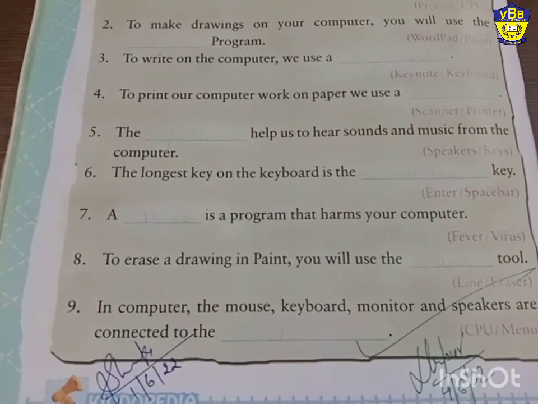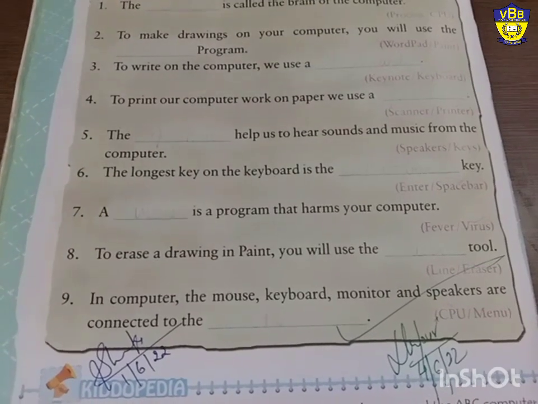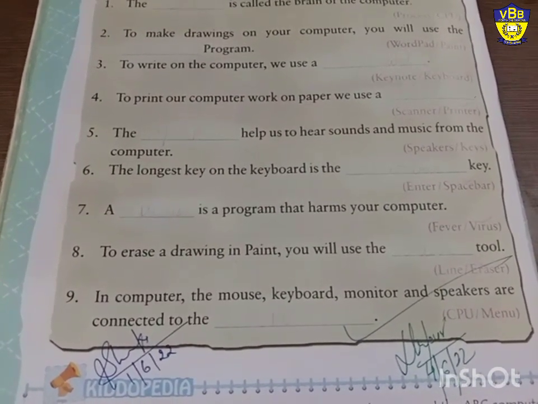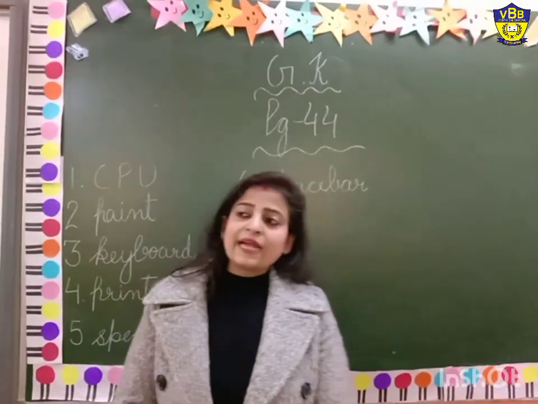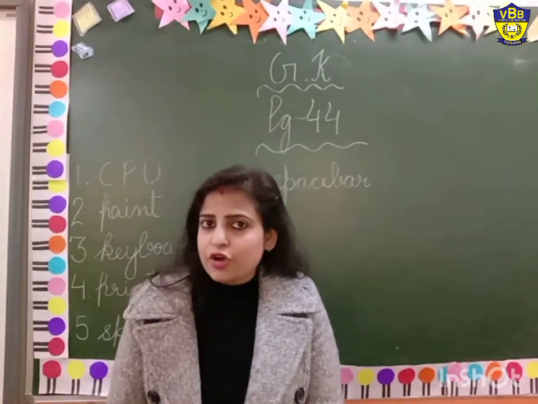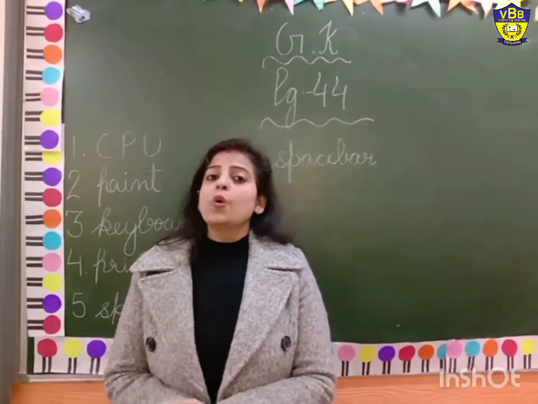Okay. Now move to the next one. A dash is a program that harms your computer. Which program harms your computer? You can see that line on a computer sometimes that there is a virus in your computer. Yes, the answer is virus.